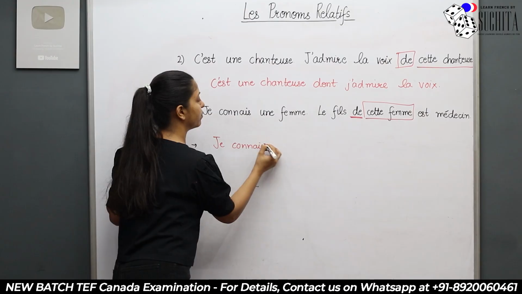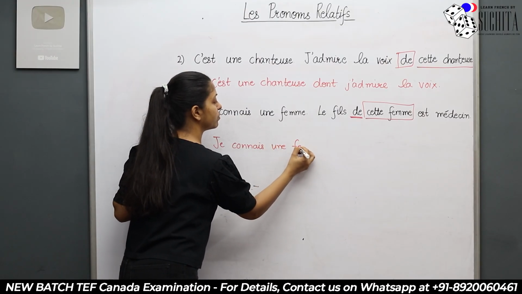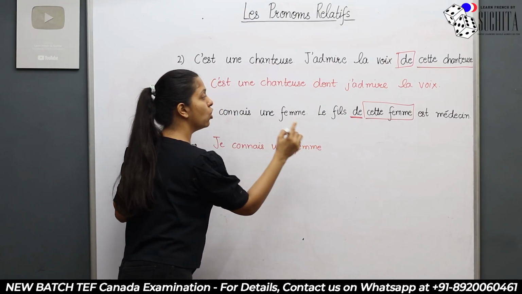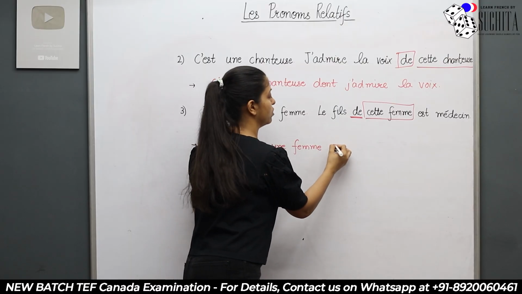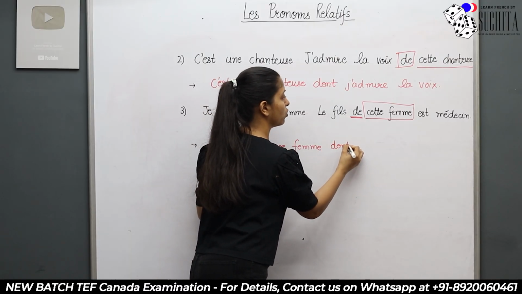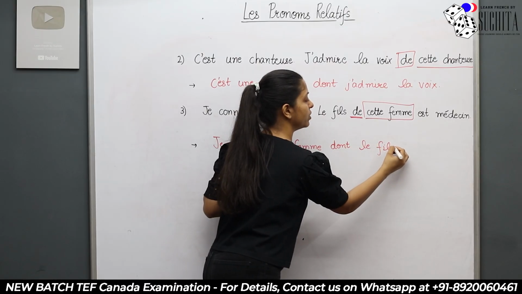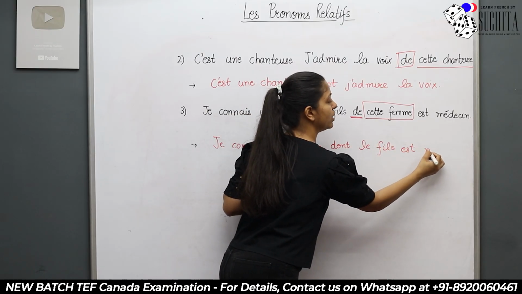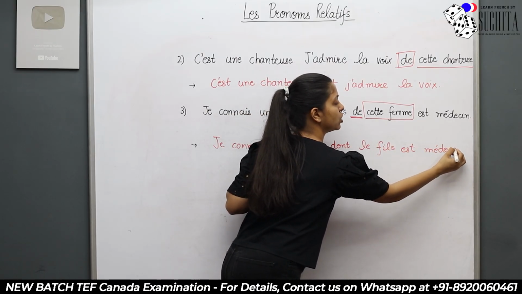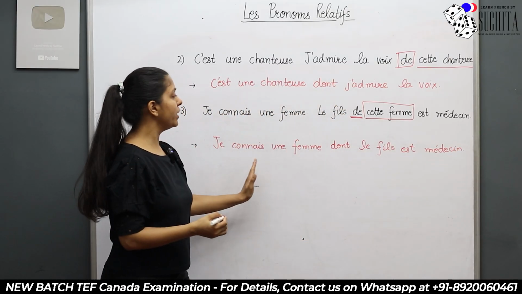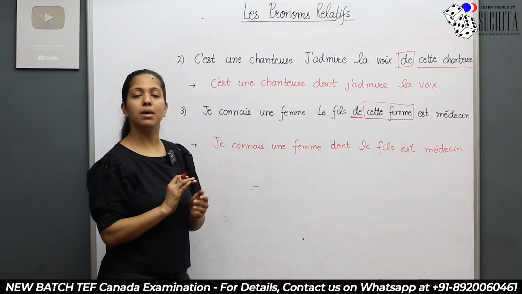Je connais une femme. I know a lady whose son is a doctor. In order to avoid this, I'll say dont le fils est médecin. So in this one, dont is taking the meaning of "whose". Je connais une femme dont le fils est médecin.